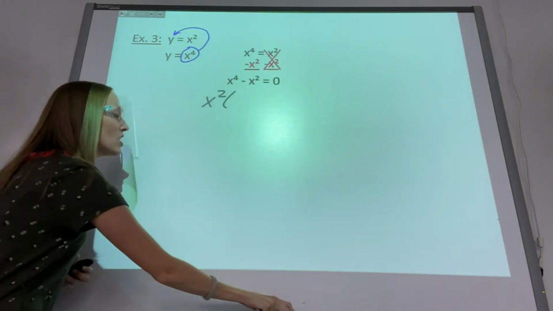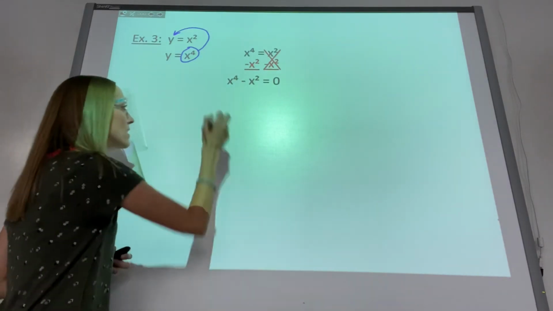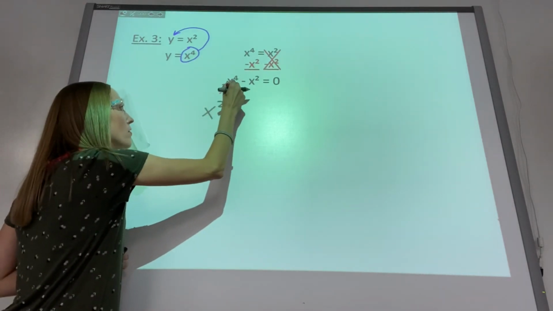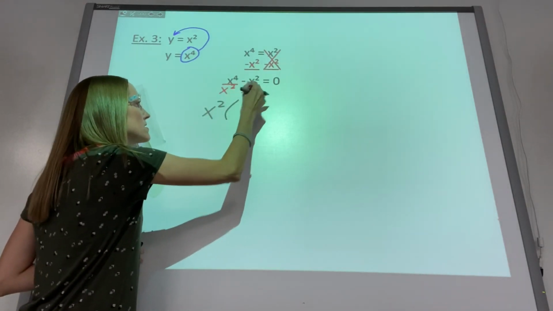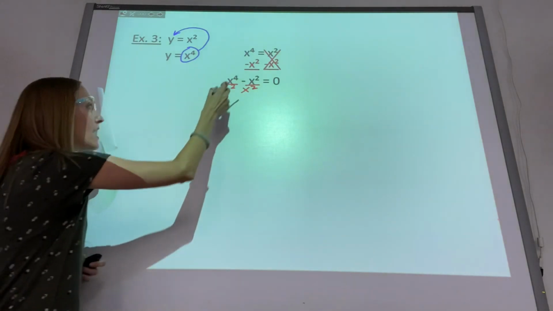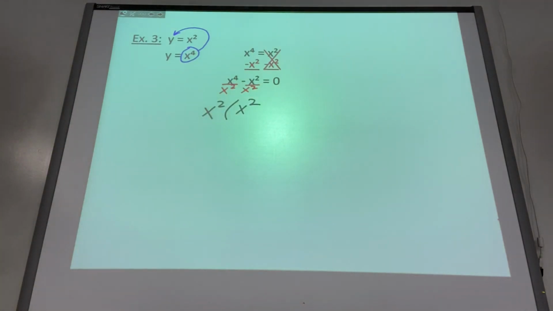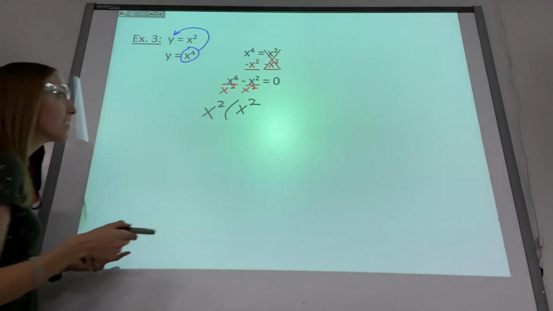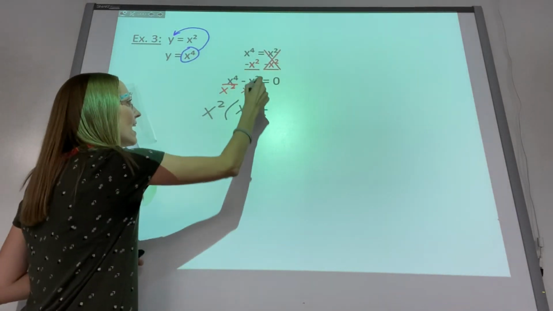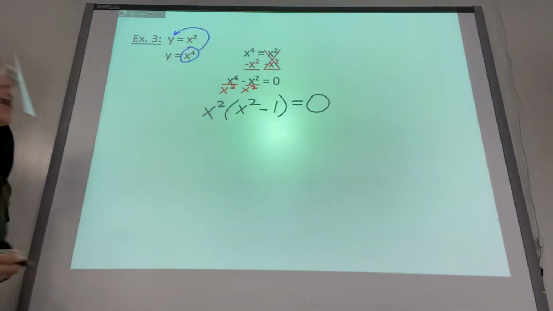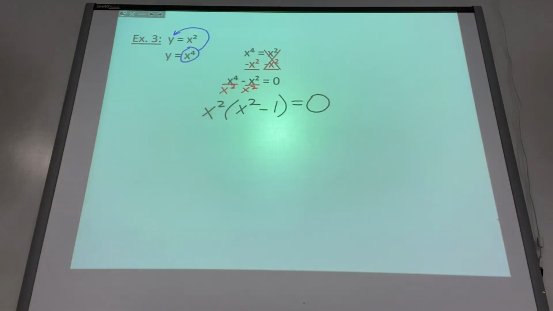If you took both of those divided by x squared, x to the fourth divided by x squared is still x squared. And then x squared divided by x squared, don't just drop it out completely and say it goes away. Anything divided by itself should be 1.